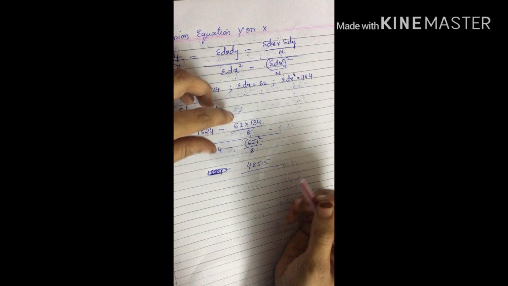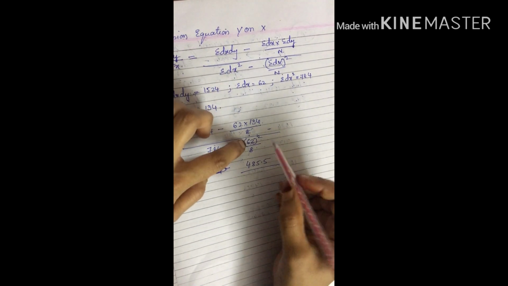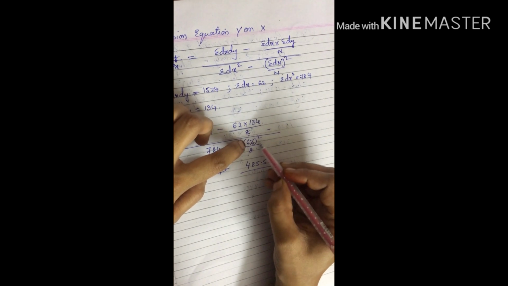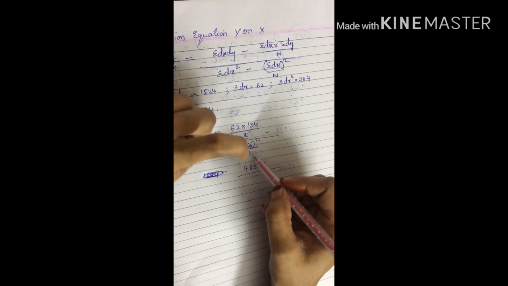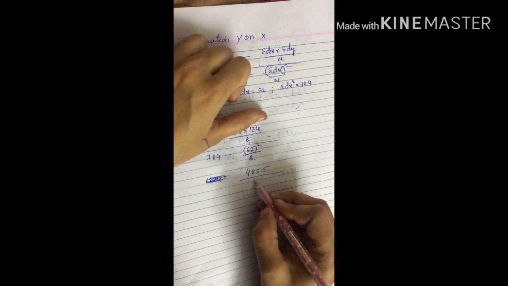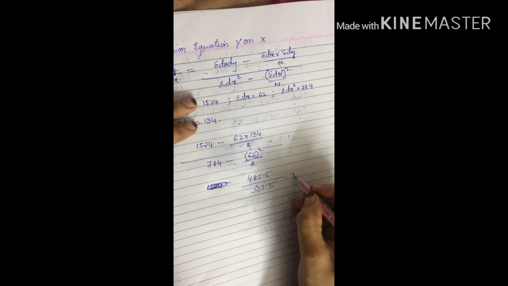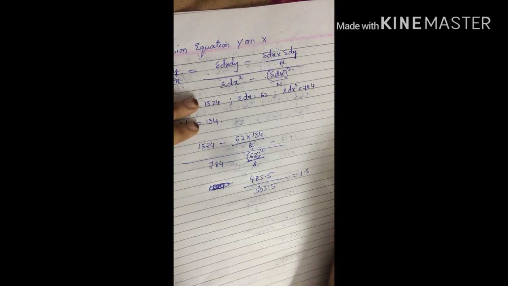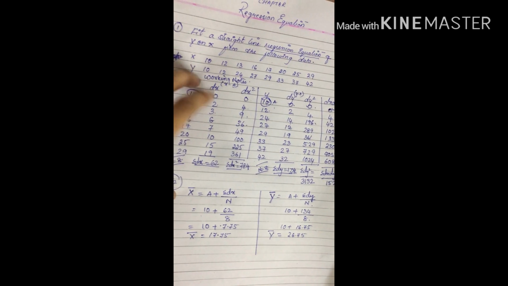Then first 62 into 62, then you have to divide by 8. 62 into 62 divided by 8, then subtract that value from 784, we'll get 303.5. Now divide all this, 1.599. So step 1, step 2, step 3, step 4.